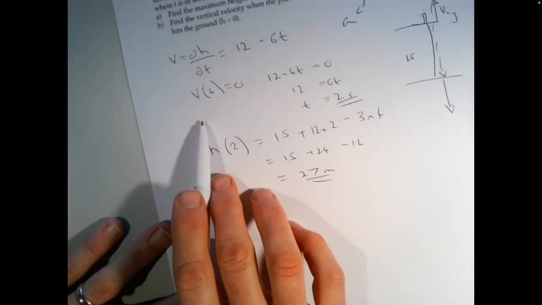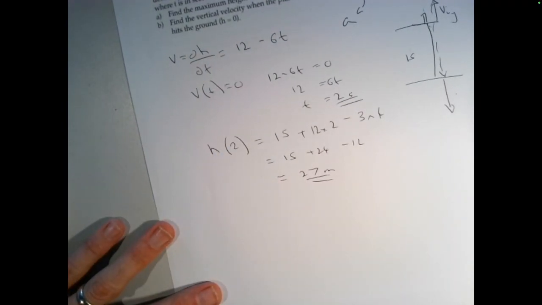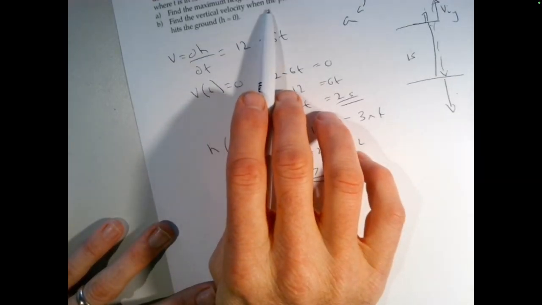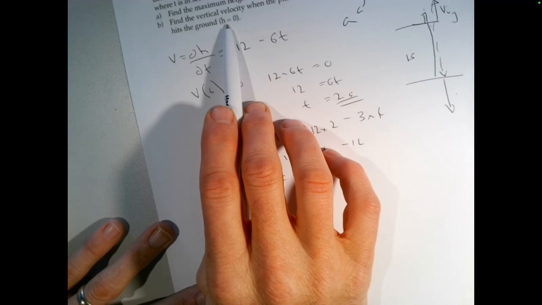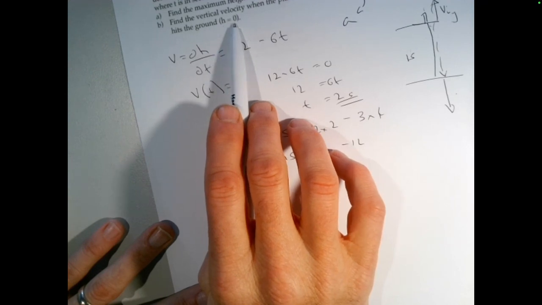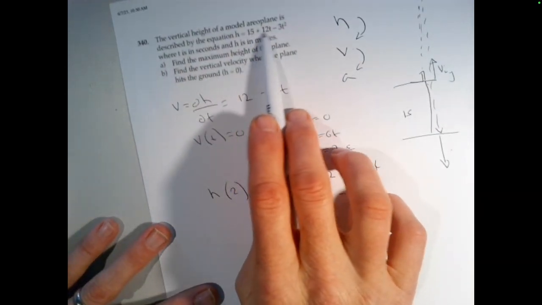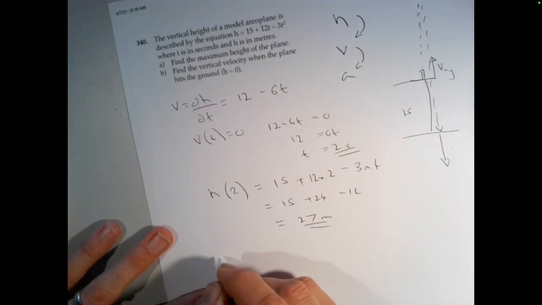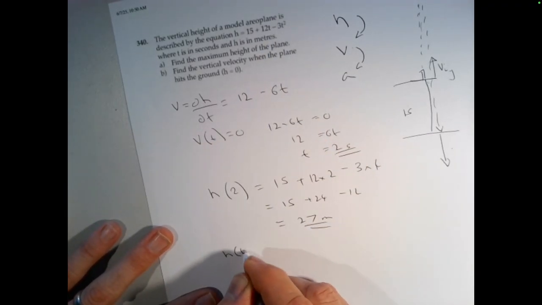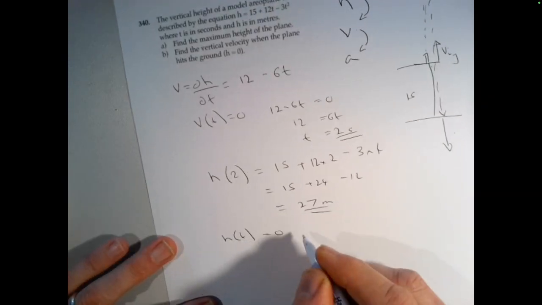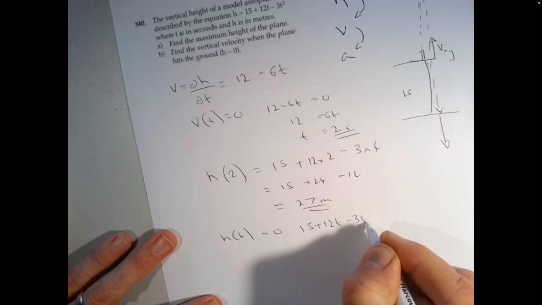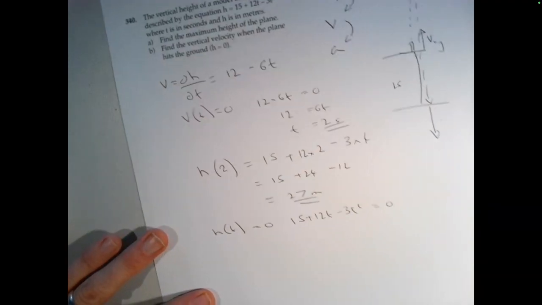So what we are going to do there is find the vertical velocity when the plane hits the ground, at h equals 0. So when does the height equal 0? We're going to take this expression and put it into a quadratic. So put h(t) equal to 0, and you've got 15 plus 12t minus 3t squared equal to 0.